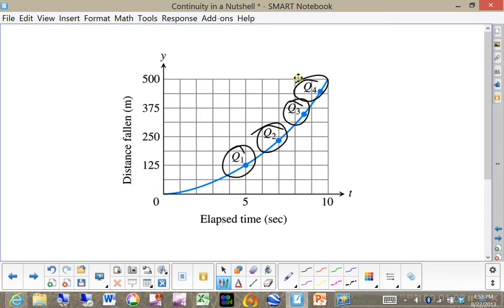Obviously, this ball or object will occupy every position between 0 and 500 feet, even though you may have only plotted 4 points.